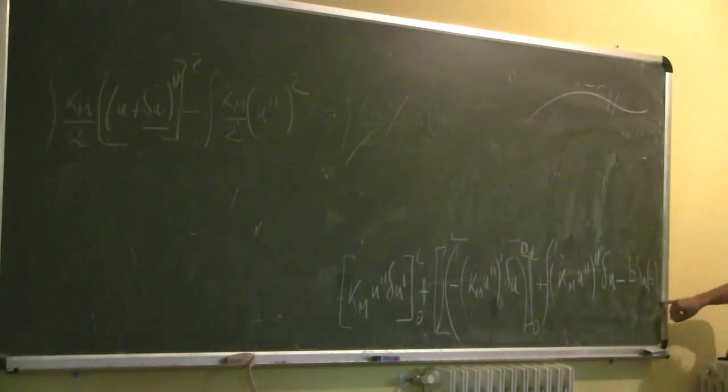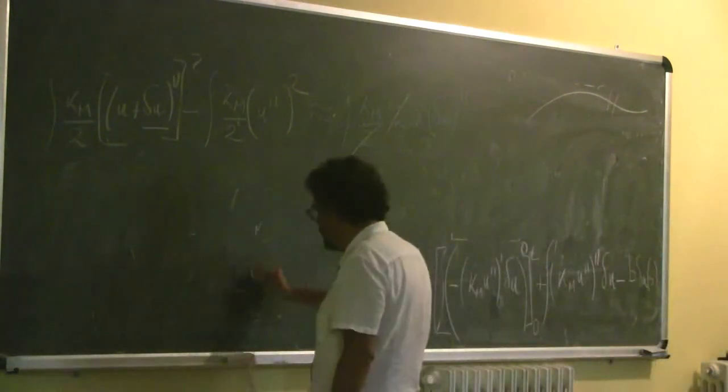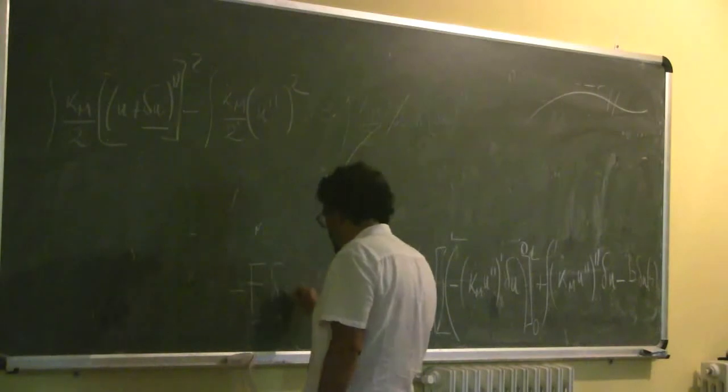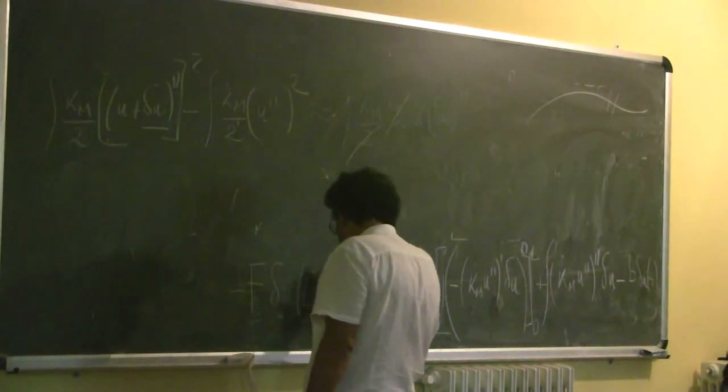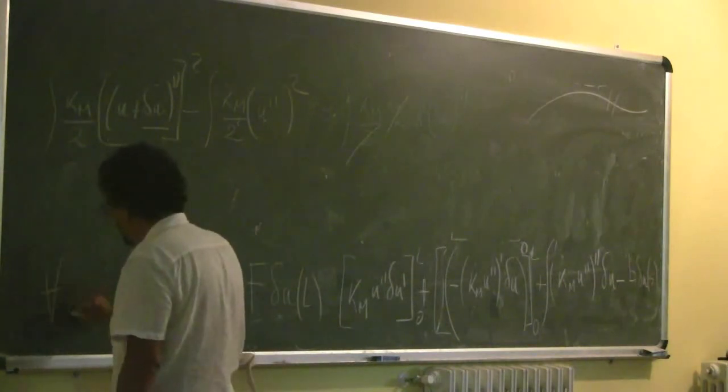This is the dead load term we have, and here I have minus F delta UL. This has to be 0 for every delta U.